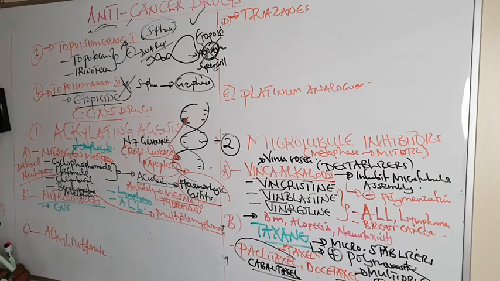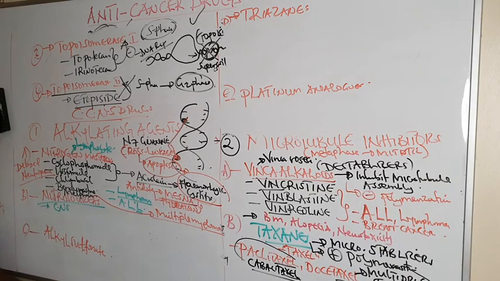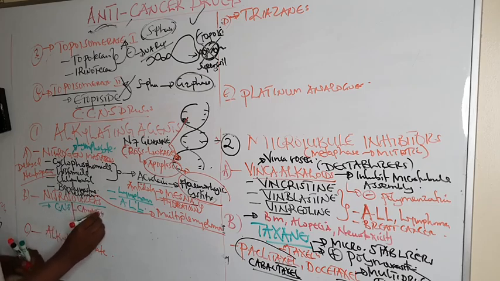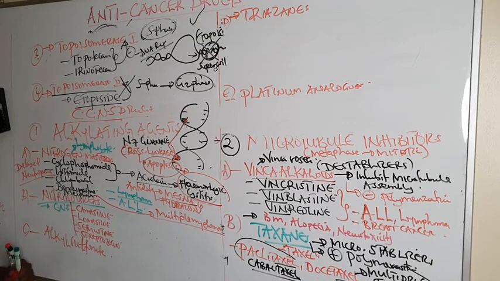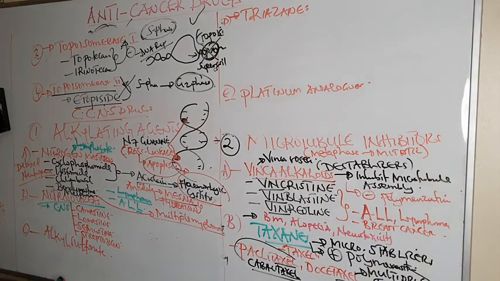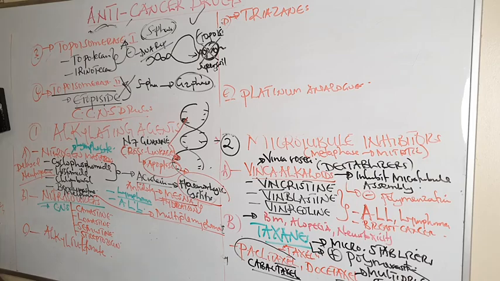These drugs include carmustine, lomustine, semustine, and streptozocin. These are the 4 drugs seen under nitrosoureas, which are highly lipid soluble and cross the CNS, meaning they can cause neurotoxicity.